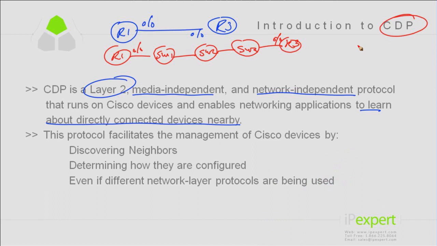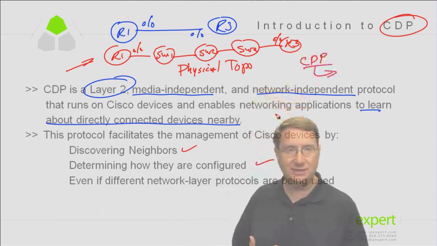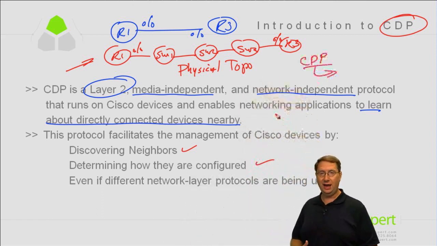Cisco Discovery Protocol allows us to discover our physical topology by giving us the ability to discover the identity of our neighbors and determine how they're connected, because CDP exchanges information about particular interface types and particular versions of IOS.